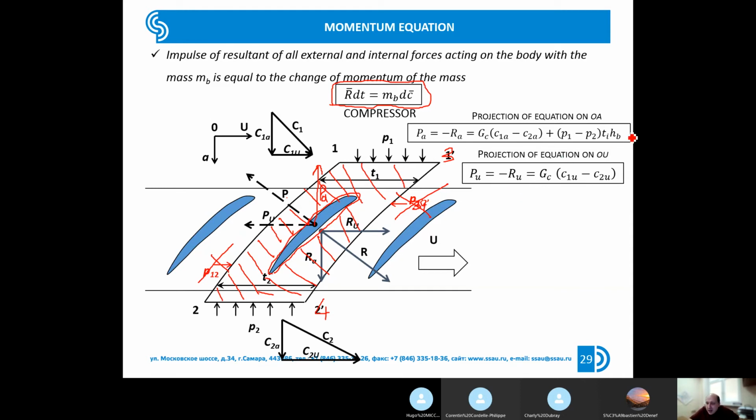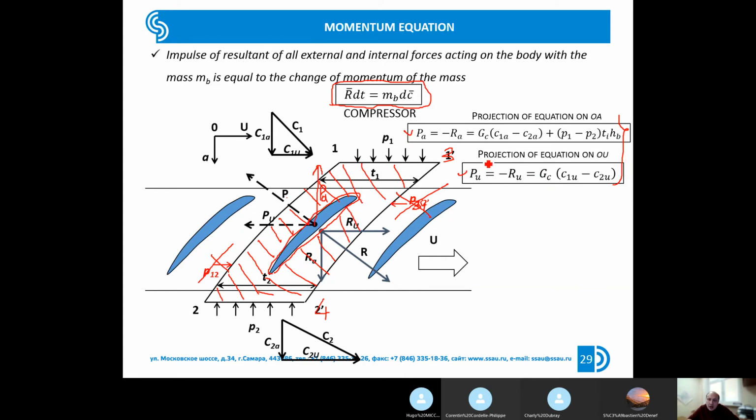So finally we receive two equations. One is the projection to the axial direction, the first one. And the second is the projection to the circumferential direction. So what I want to say to you is that these two equations are the momentum equation for the compressor. It's really strange, but the momentum conservation equation for the compressor contains two equations, two projections.